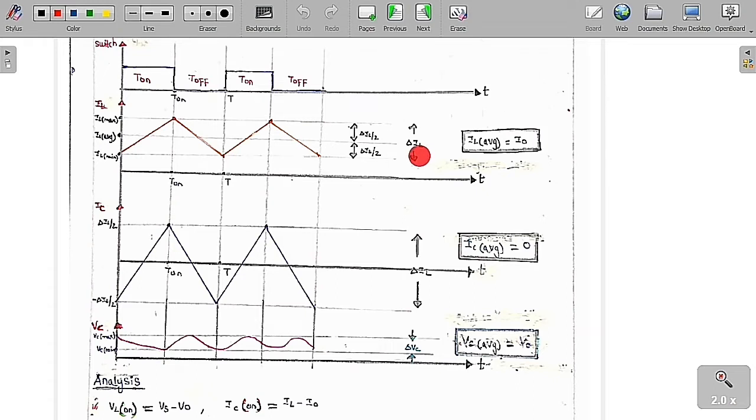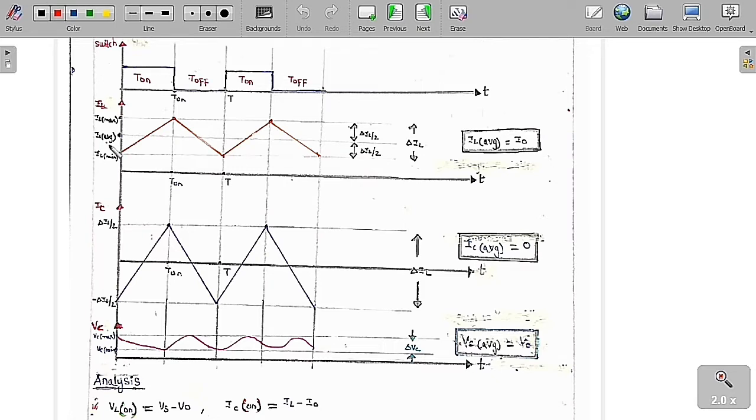If I take the average value of this inductor current, IL average is going to lie between IL minimum and IL maximum. It is basically the midpoint of IL minimum and IL maximum. So this is delta IL by 2 and this is delta IL by 2.